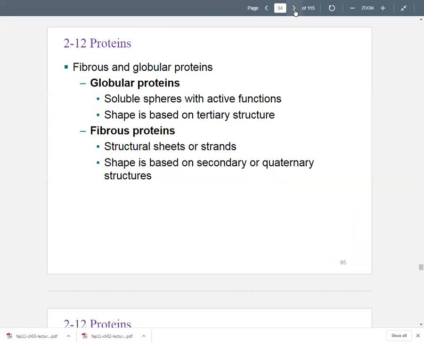Okay, it's based on the hydrogen bonding, or it's based on multiple subunits. That's another way of saying that. All right. Globular proteins are basically spheres. They're round, and they're soluble, which means they dissolve, and they have some function in your body. But their shape is determined based on their tertiary or three-dimensional shape.